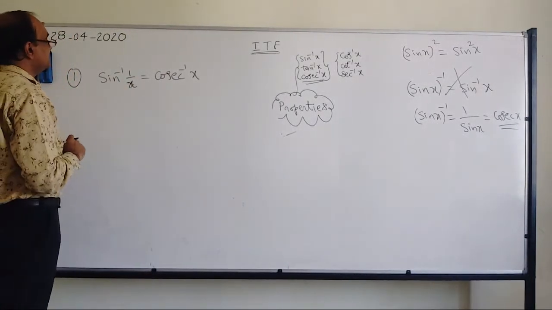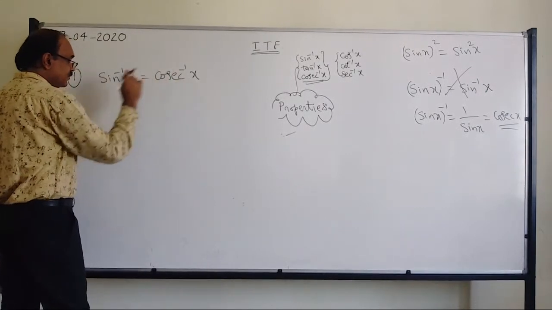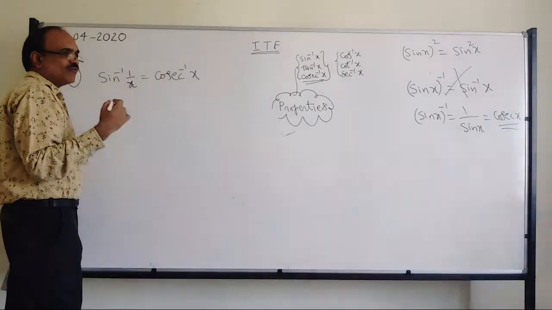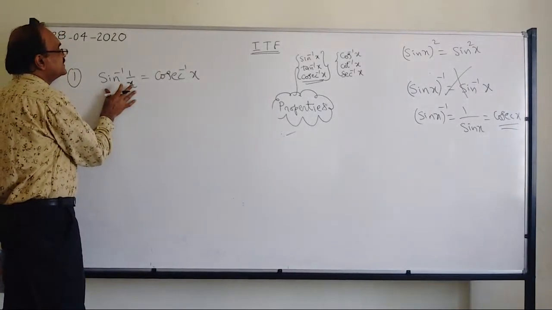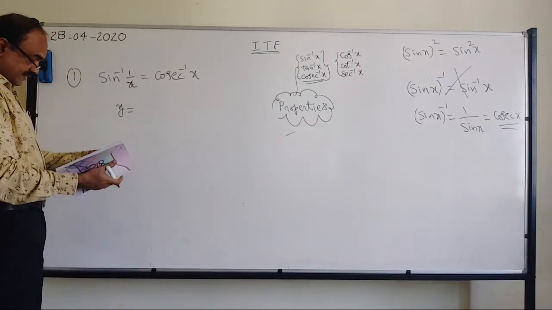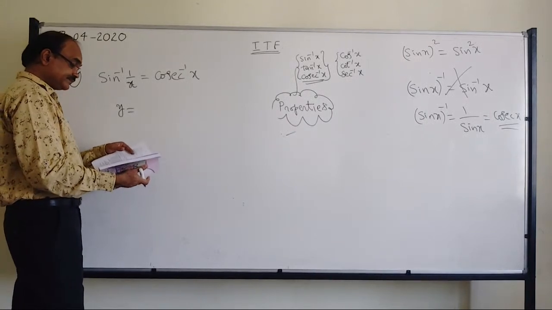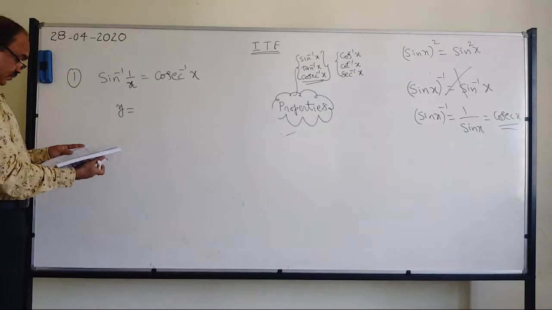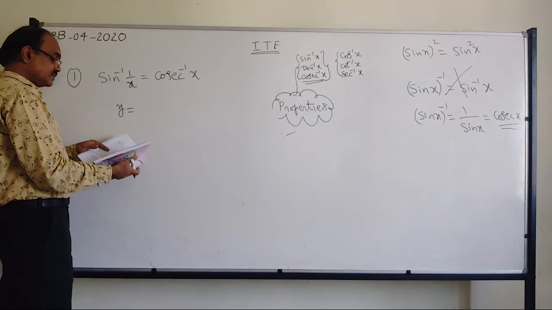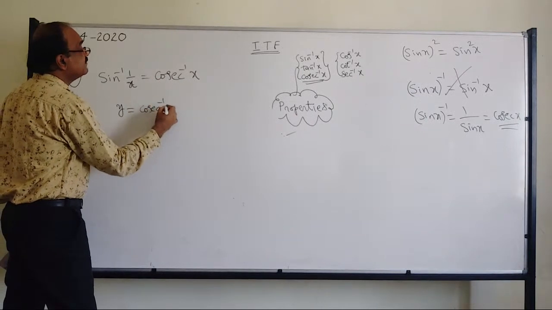Okay, how does it happen? Let us see. I will give one proof, and all other things you can write in the same fashion. You know that we consider the function as y, equals f of x. Here, y equals cosecant inverse x.